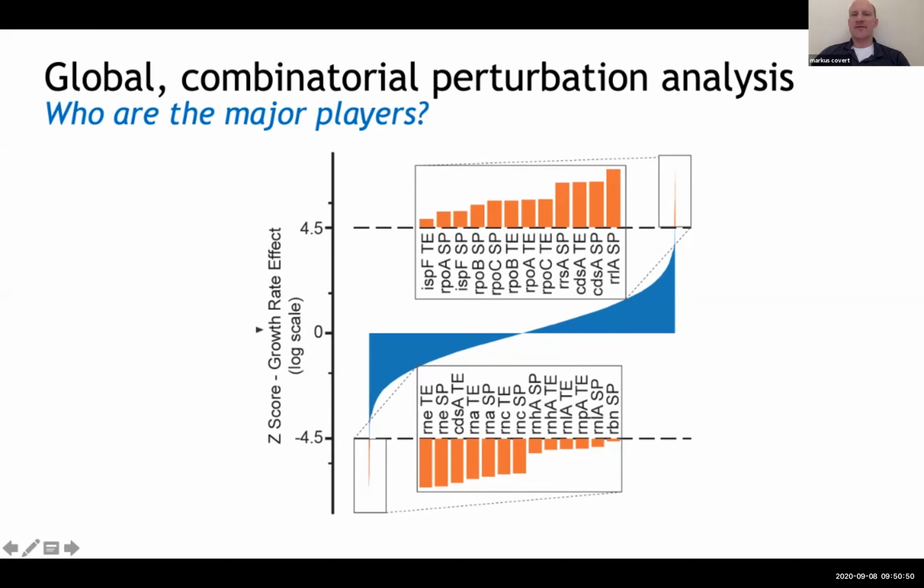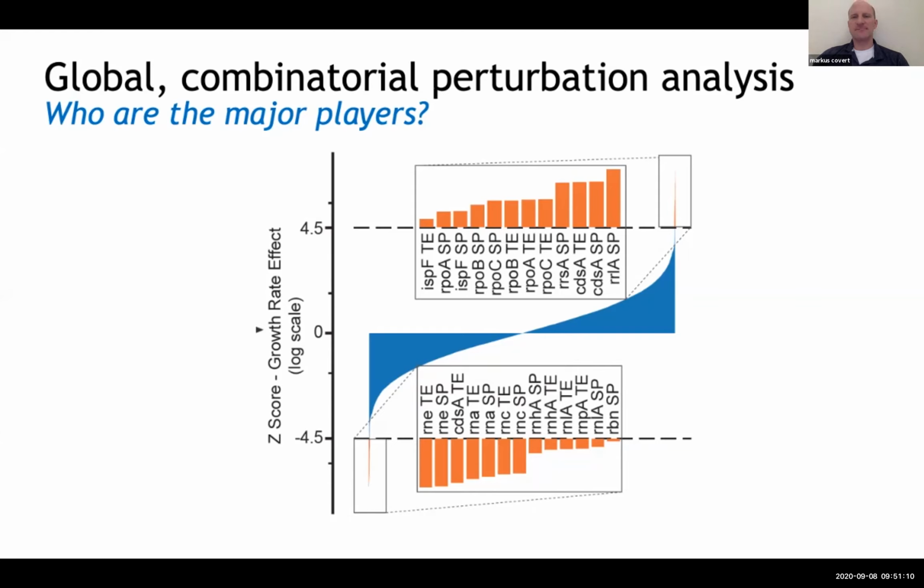Those are the ones that have a major effect, and this was tricky because they're all interconnected. Not to go into huge detail, but we had to do them all combinatorially. So we would do 20% of the genes, ramp them up or ramp them down in their expression in random directions, and we did this tens of thousands of times.